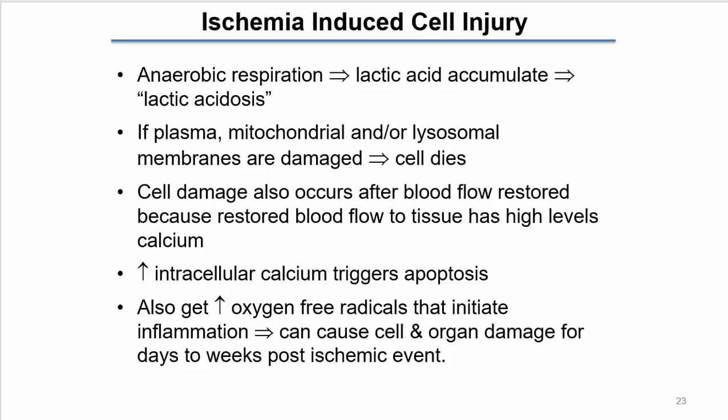And inflammation causes cellular damage, and the cellular damage causes tissue damage and organ damage. So we can end up with severe inflammation because of this. So it's not a simple matter of just restoring blood flow. Sometimes restoring blood flow can be bad.